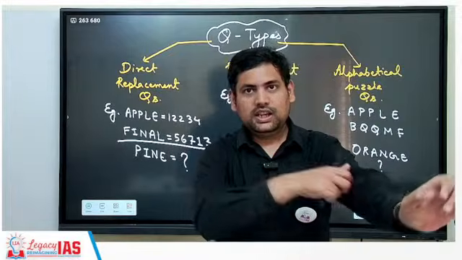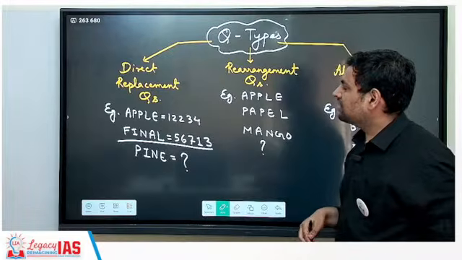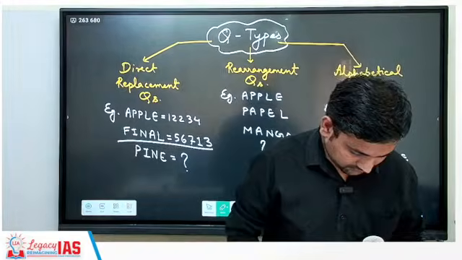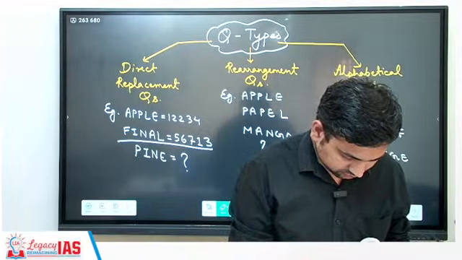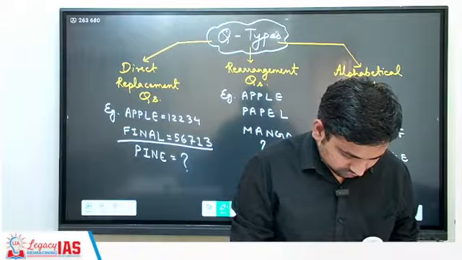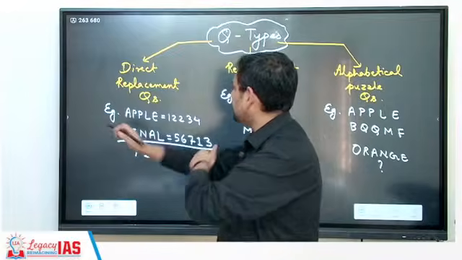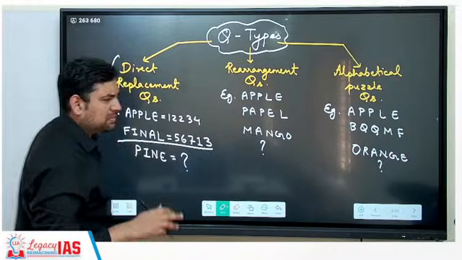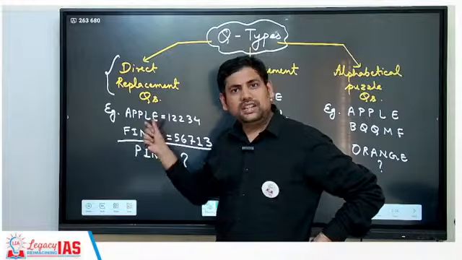There is something known as direct replacement questions. Here, some words are given to you and their codes are also given to you.